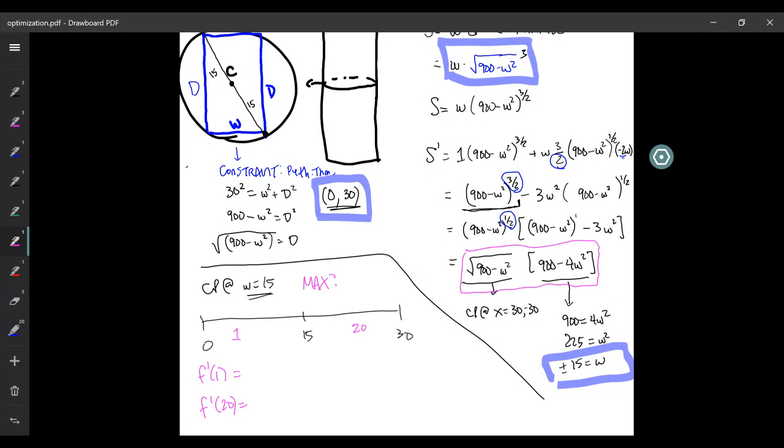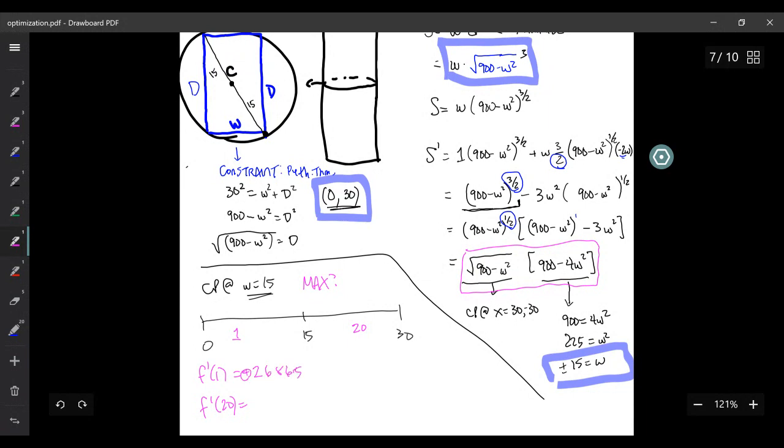So, square root of 900 minus x squared times 900 minus 4x squared. For positive 1, I'm getting a huge number, 26,865.